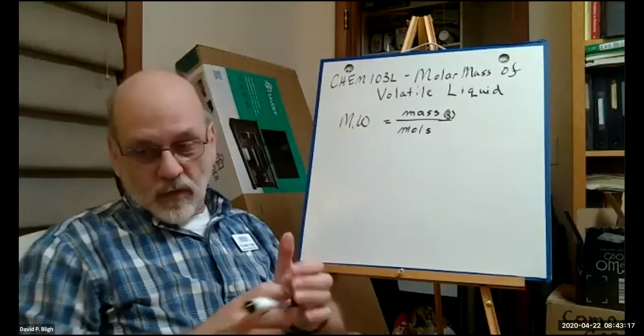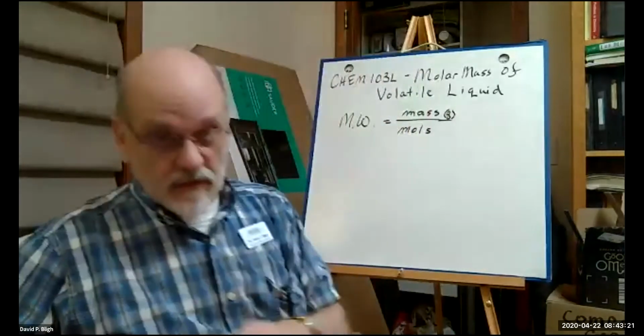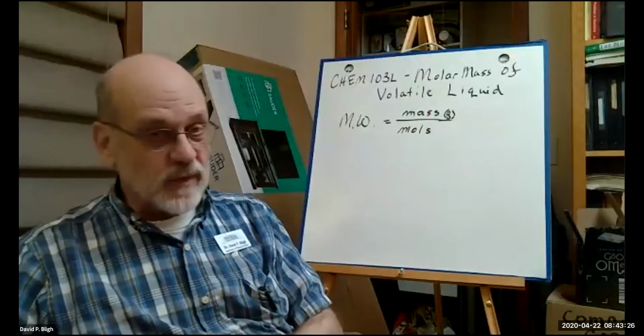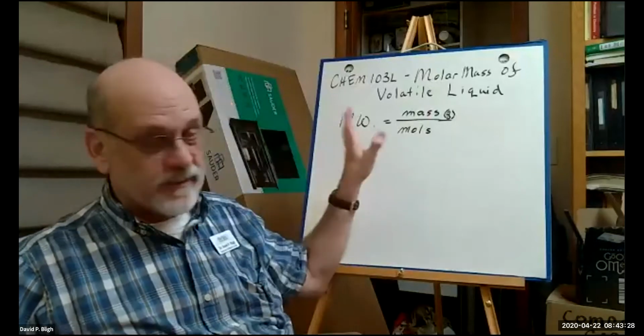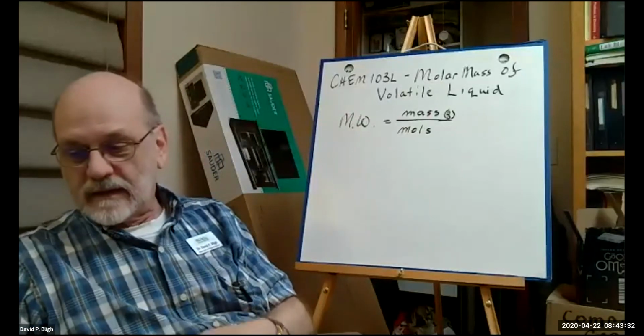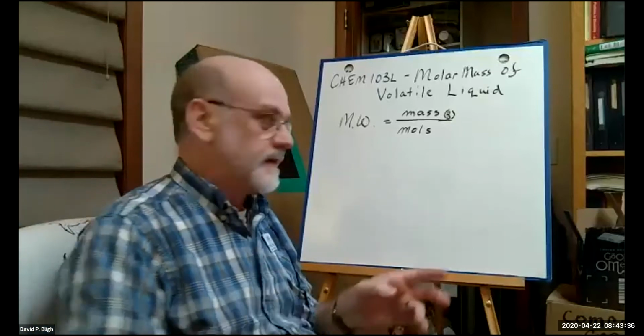Okay? So we've got some help there from some giants of chemistry. Not just Dumas. Dumas proposed the method, but he was basing it upon earlier work by Avogadro. Remember what Avogadro said?